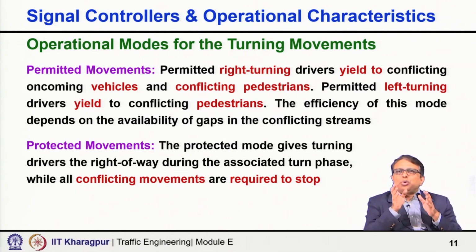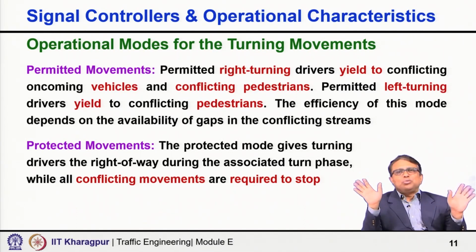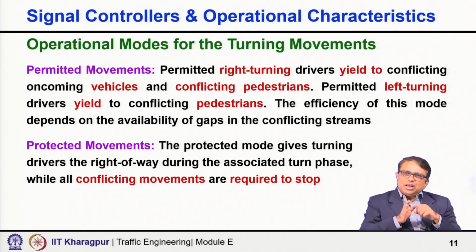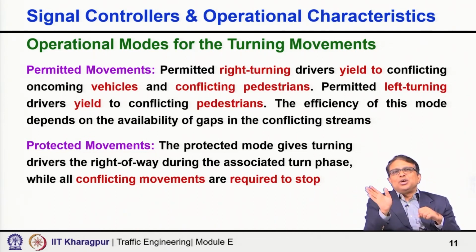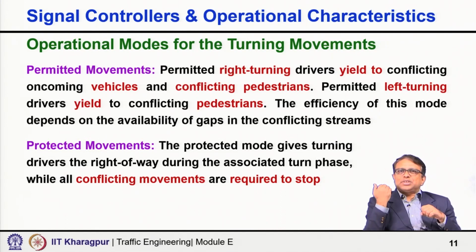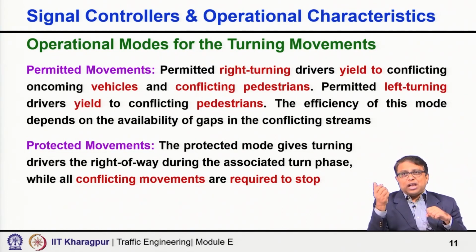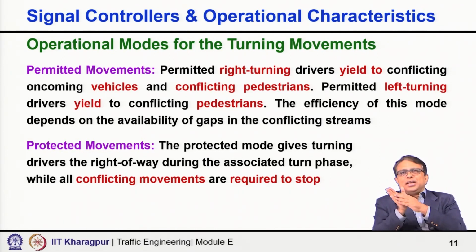Protected movement is where the turns happen without any other conflicting movement. That means when I am allowing the right turn, it goes smoothly; vehicles from the opposite straight direction are not permitted at that time, and pedestrians are not given green at that time to conflict with the right turning traffic.